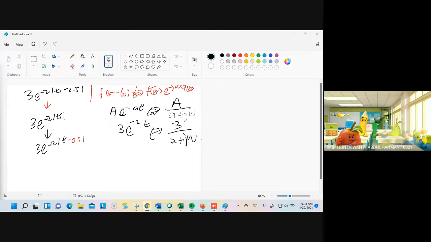From the table... wait, I think I'm missing something here. Oh, okay, I forgot there is a modulus. So the signal is always positive. So this is the table, and the graph, forget this one. No wonder I felt a little bit weird.